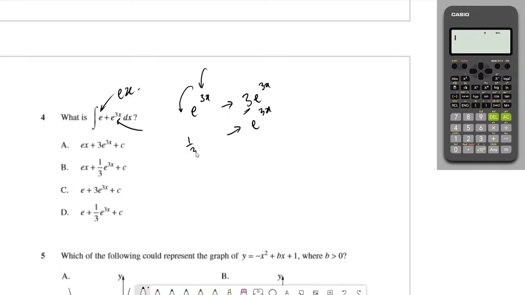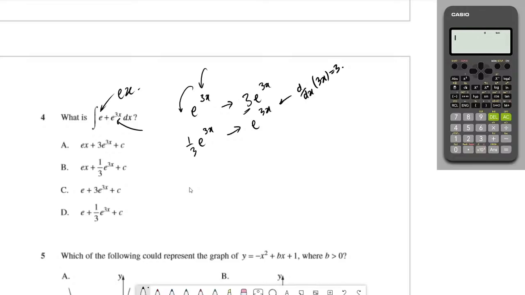So the easiest way to do it is to essentially divide by what our derivative in that top is. So in this case, our derivative of 3x is equal to 3. So 1 over 3, so divide by that derivative, e^(3x).